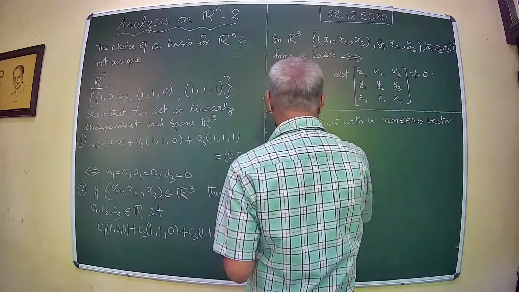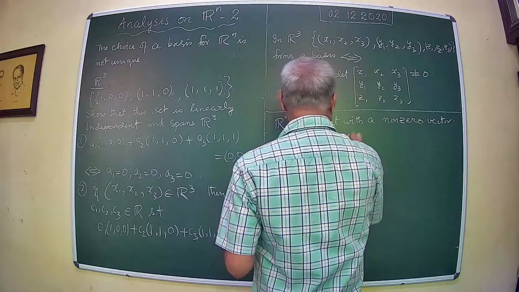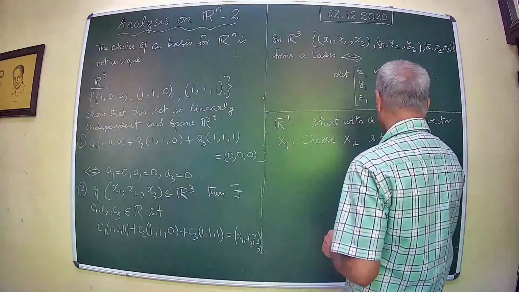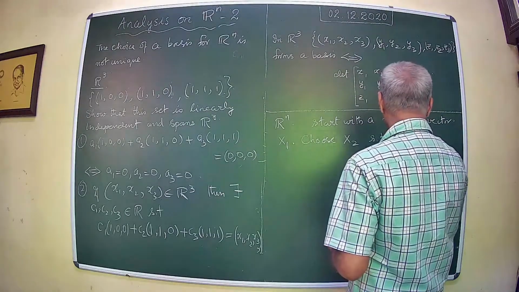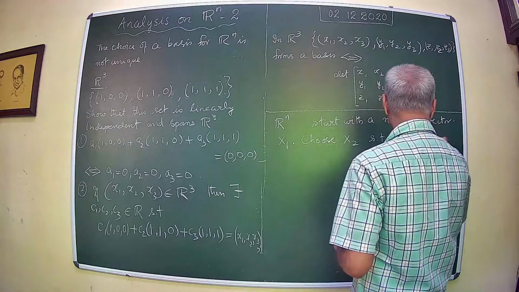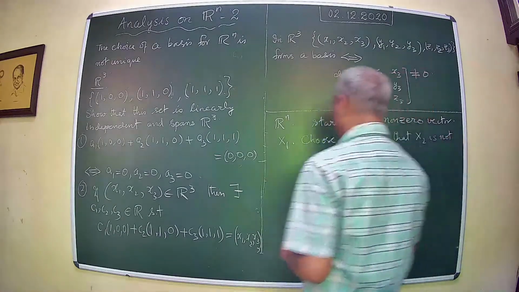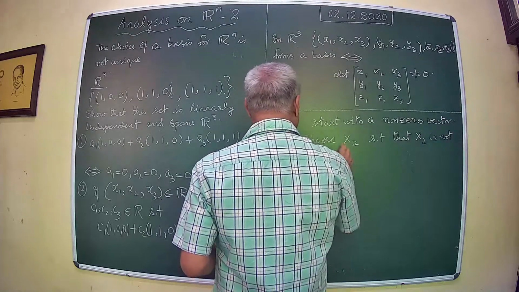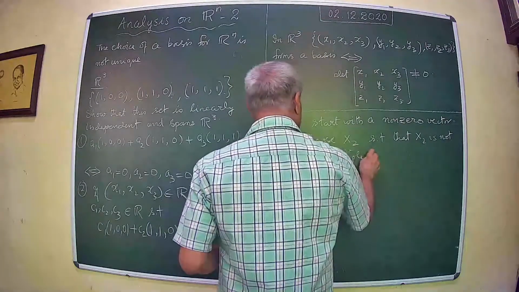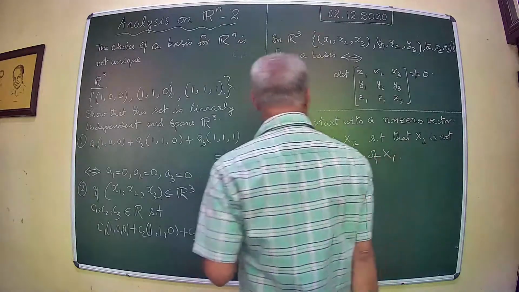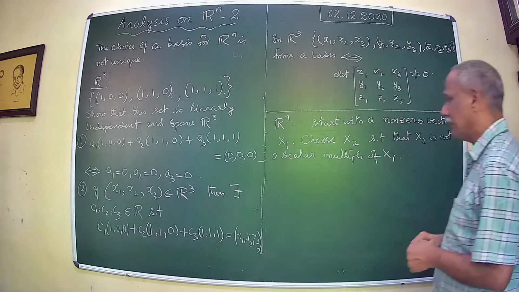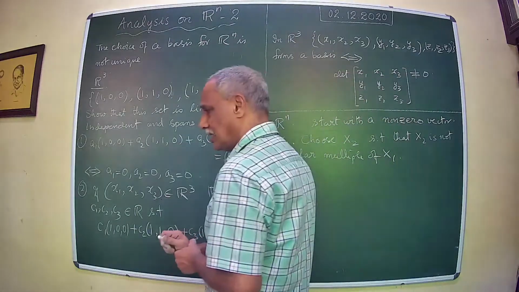Now choose x2 such that x2 is not a scalar multiple of x1. That is possible. Otherwise, x1 itself is a basis for Rn, which is not correct.